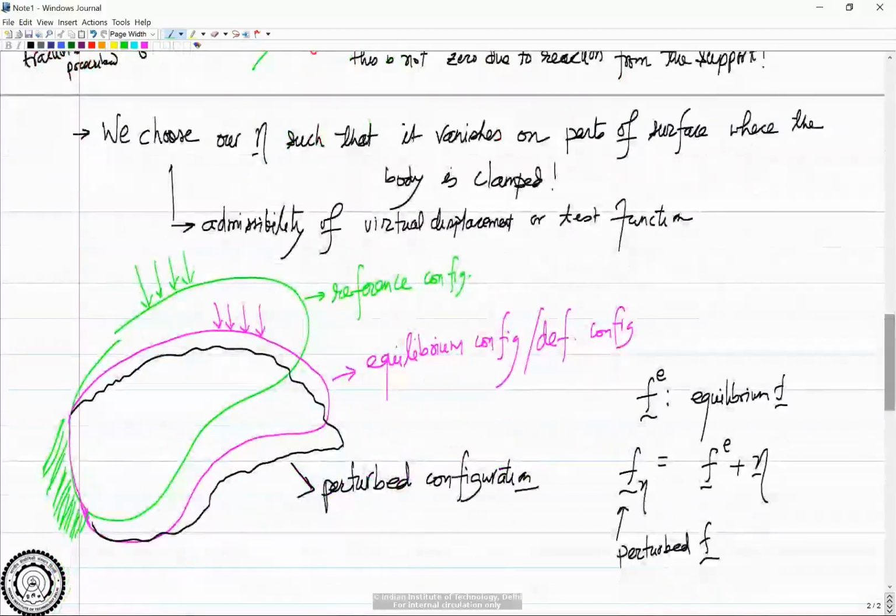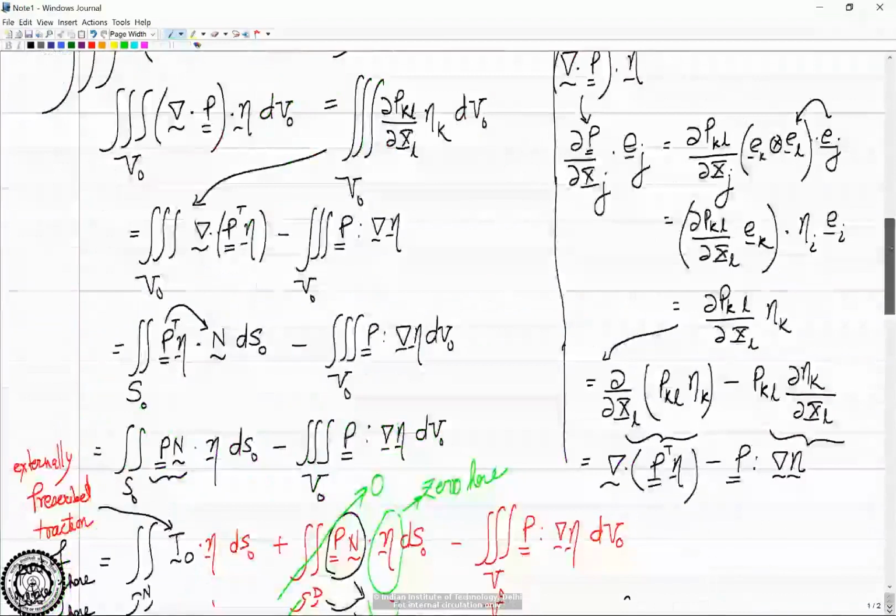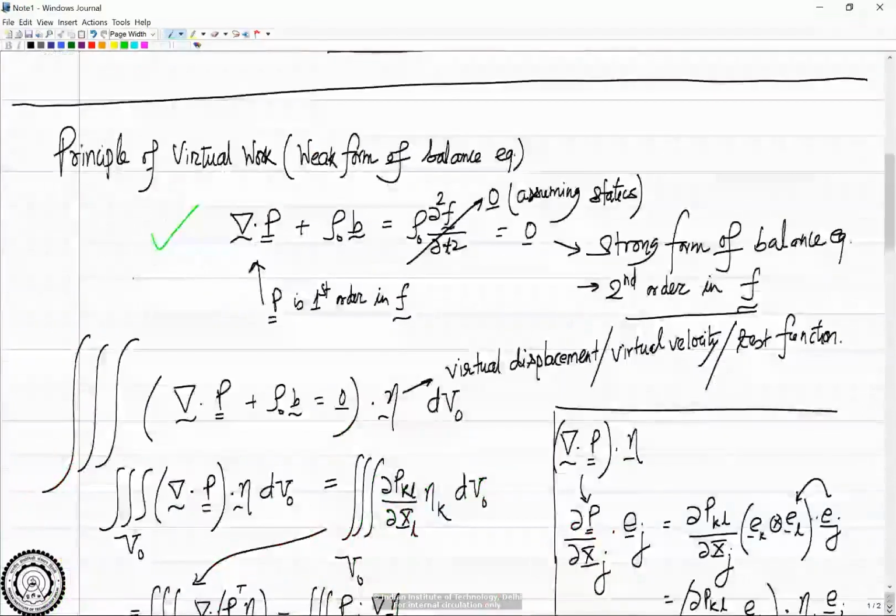Think of perturbing this body arbitrarily and then see what happens to the equation. That's a very good question. We have this equation right here, and I just want to see what happens to it when you multiply it with the perturbation and further integrate it over the entire volume.